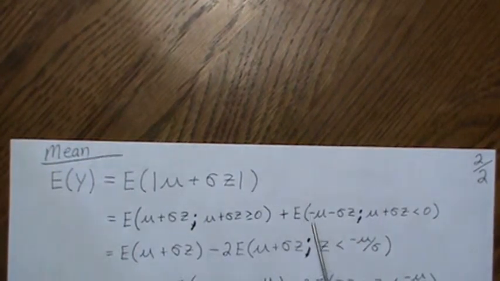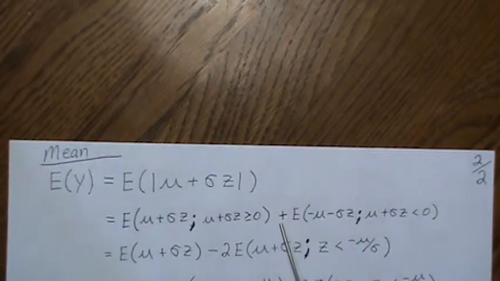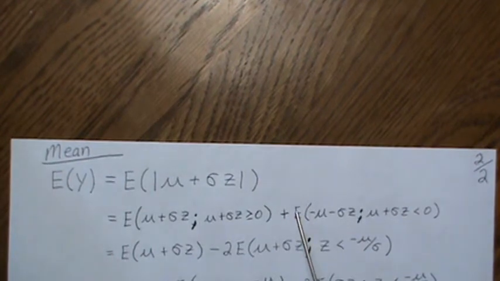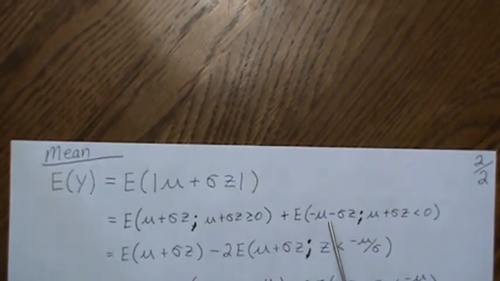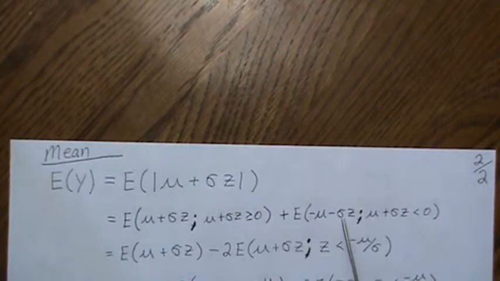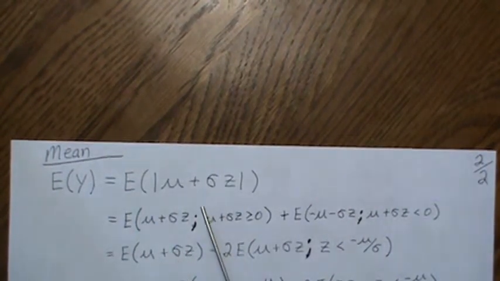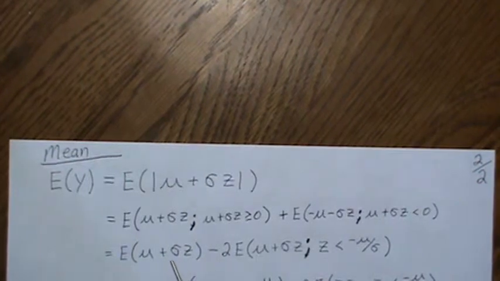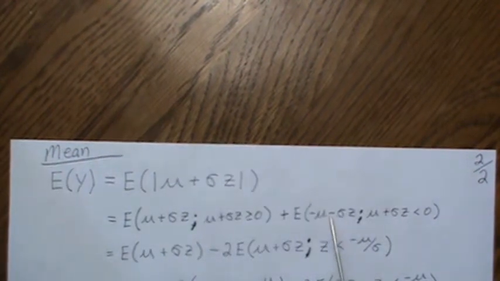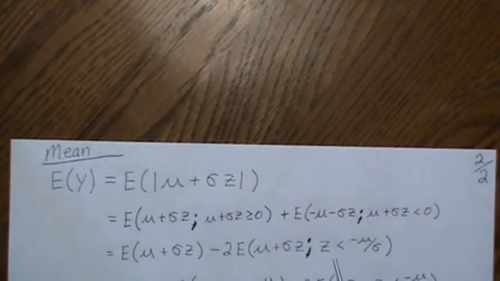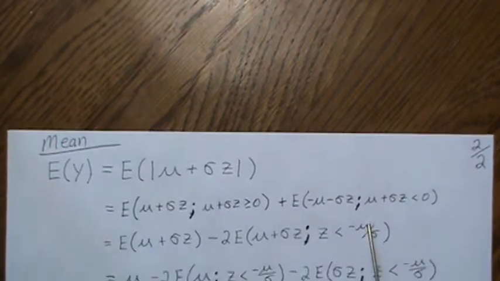So we factor out a minus, then we take this piece, which now is mu plus sigma z, we add it and then subtract it. But one of those can be added to this, which makes it this, and the subtracted piece is subtracted again, which makes it two of them, and so we get this.